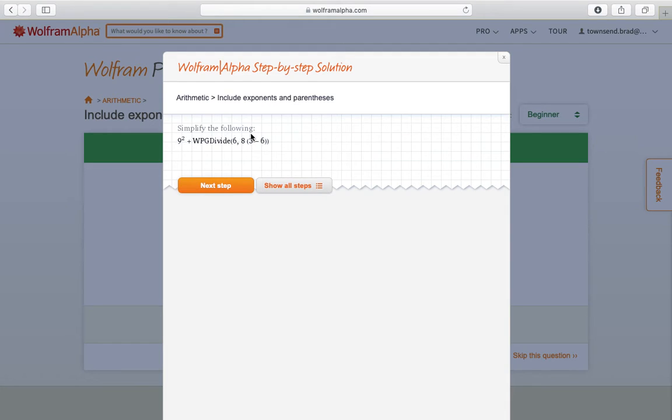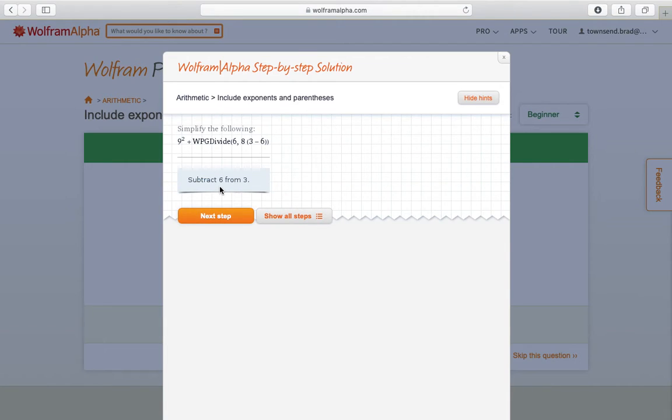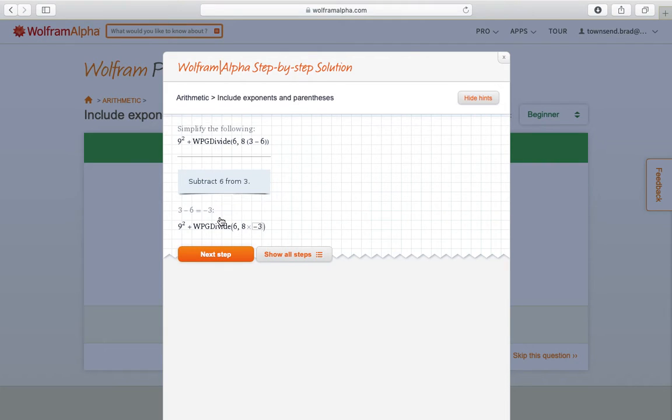It says simplify, and then it shows using their commands, and one of them is WPG divide. Okay, let's see what the next step is. Subtract 6 from 3, and that gave -3. So the first step I did, that was correct.